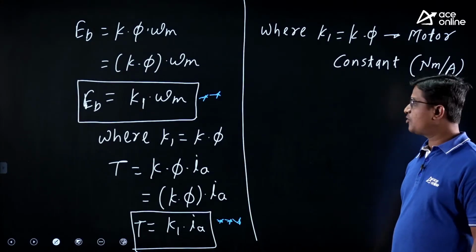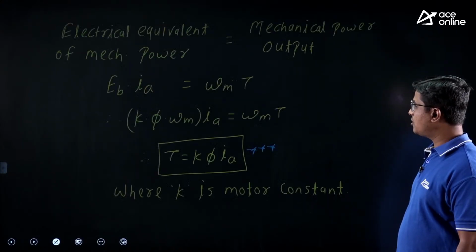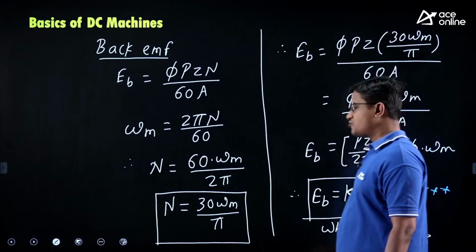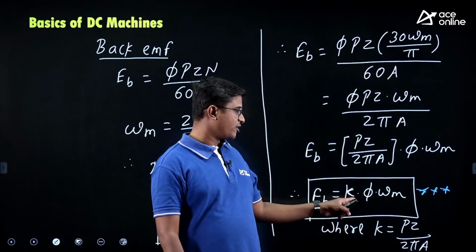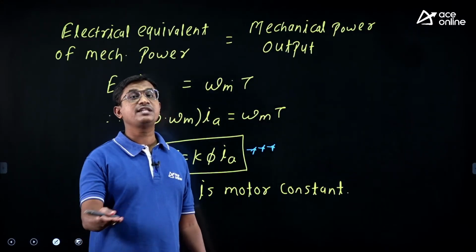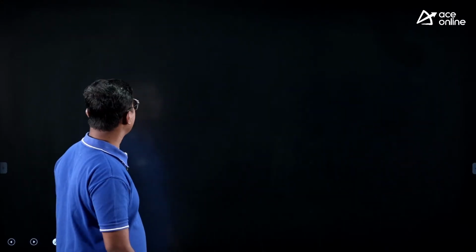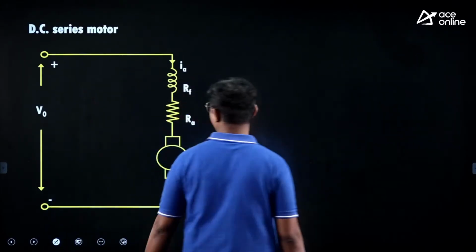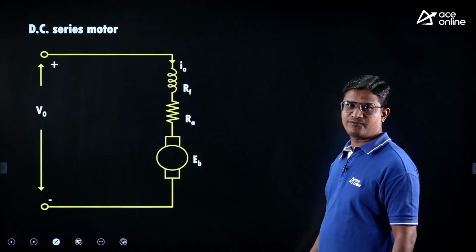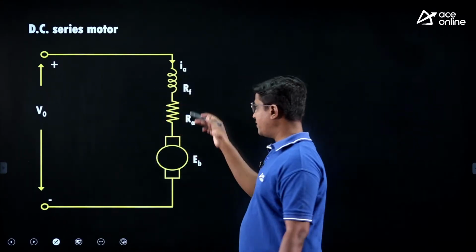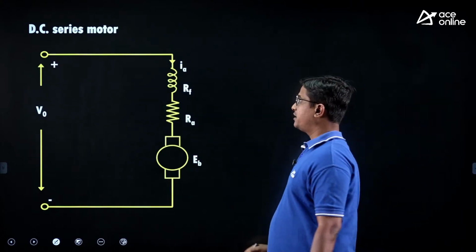Now let us modify the expressions of EB and torque, which are for a general DC motor, for the DC series motor. We know in a DC series motor, field winding and armature winding are connected in series, so RF and RA are connected in series.